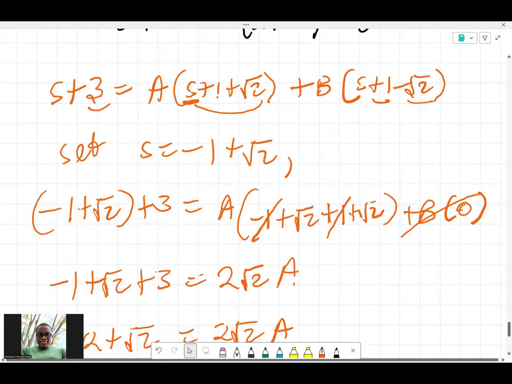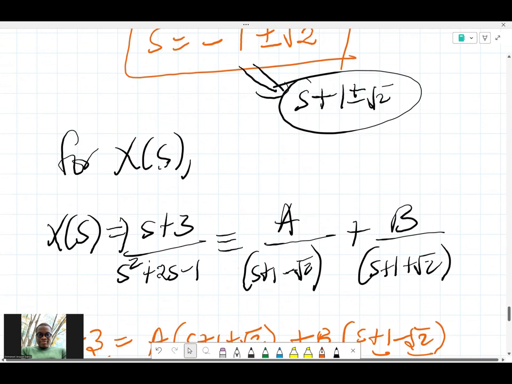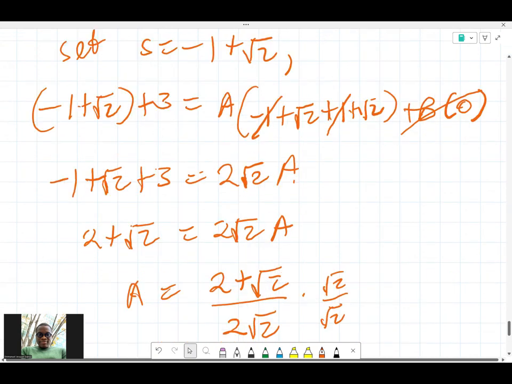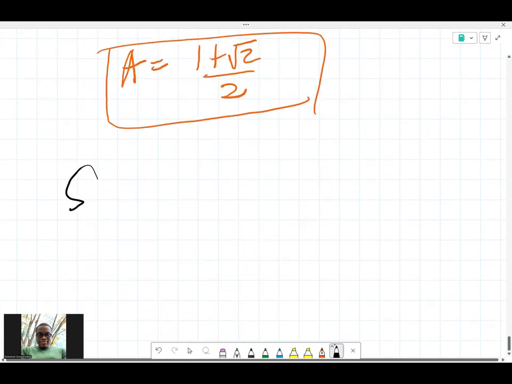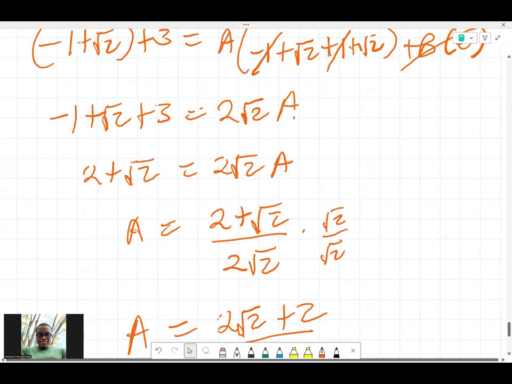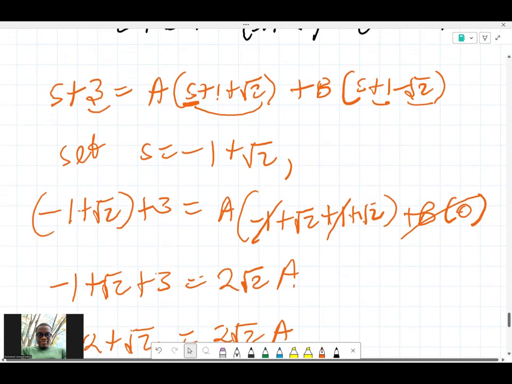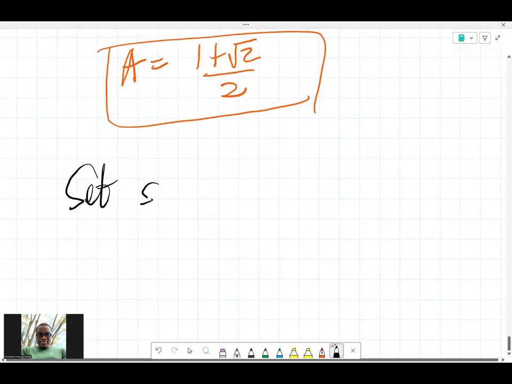Then on the other hand, if we want to eliminate a, we just set the other one, we set this to 0. That means that we have minus 1 minus root 2. So set s to minus 1 minus root 2.